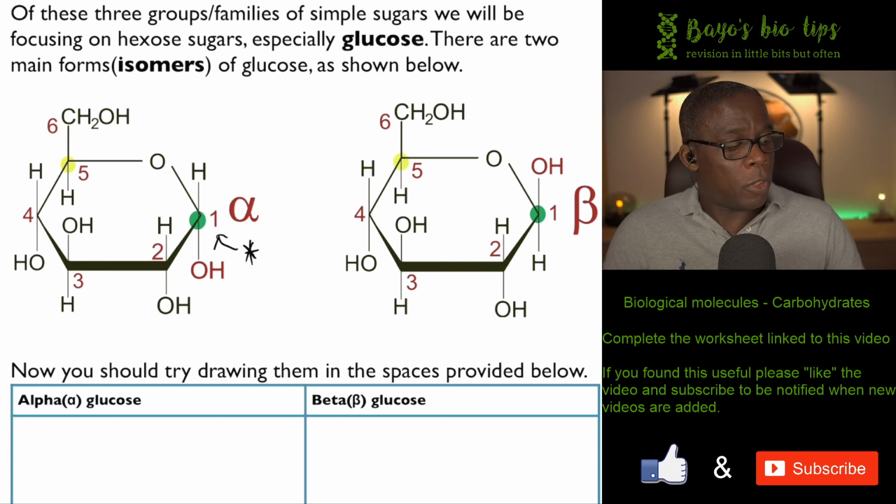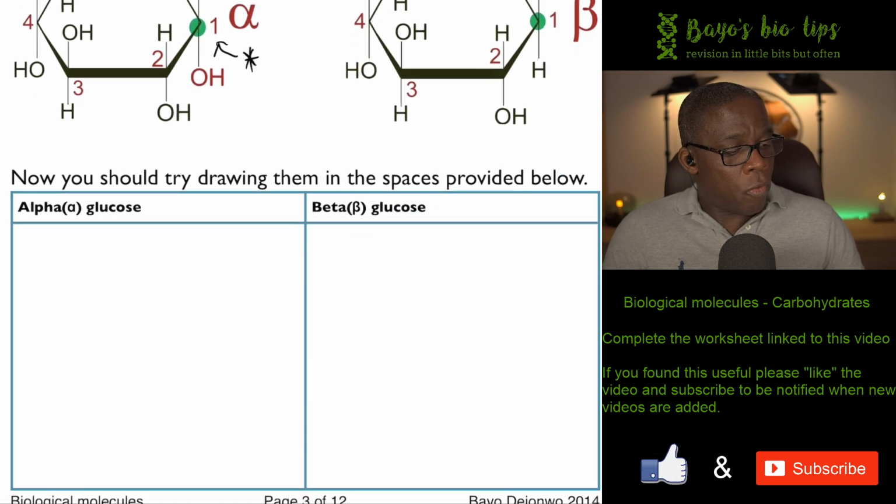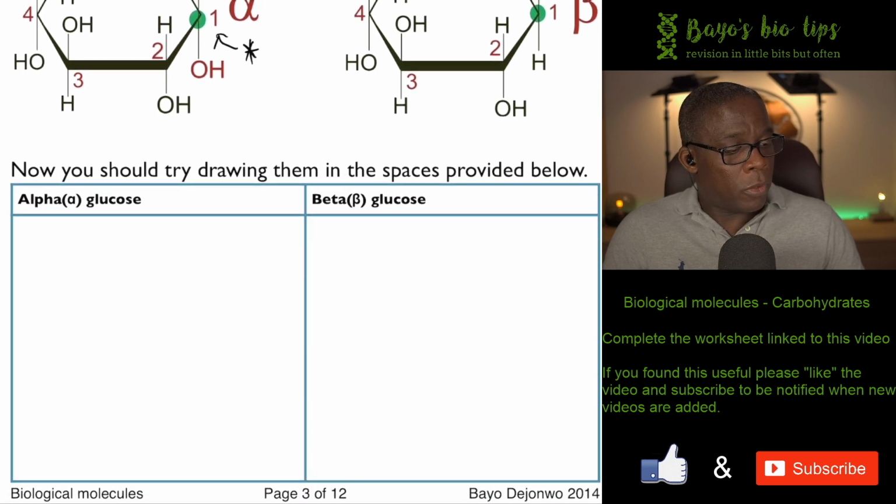But in beta glucose, those flip around. So the hydroxyl group is on top and the hydrogen atom is on the bottom. So I'm going to draw alpha glucose in the space I've provided in the box there. And once I've done that, I'll give you an opportunity to draw beta glucose.